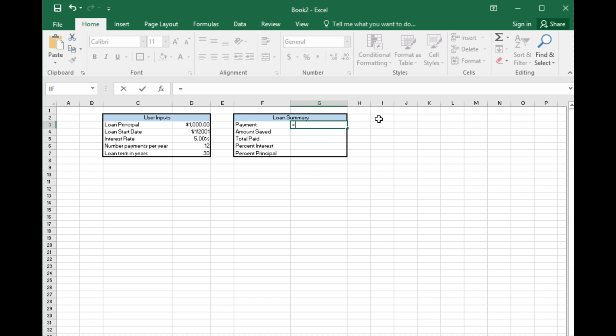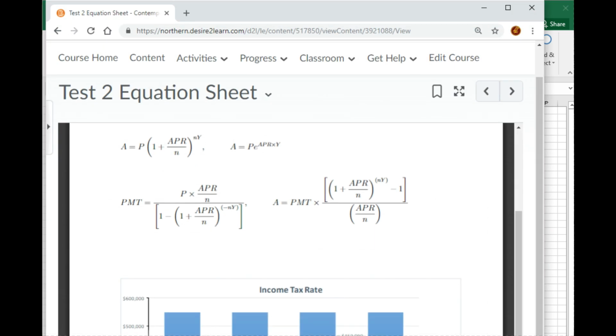Okay, so recognize what we want to do is we want to have Excel take this information, namely the loan principal, the interest rate, the number of payments, and the term of the loan, and from that information, calculate our monthly payment. So, in order to do so, I need to utilize this equation. This is from the test 2 equation sheet, and this equation shown here is the payment for an amortized loan given the information.